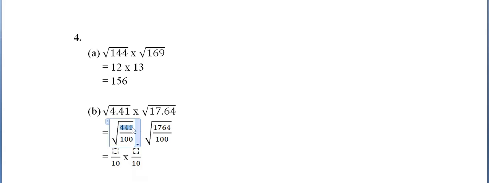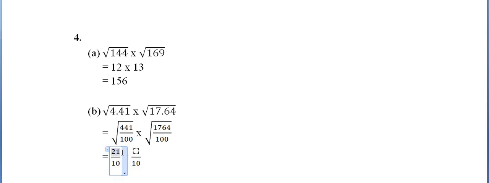So this number can be divided by 3. But if you are following the long division method, you know what you have to do. Okay. So you will get 21 as your answer if you do the long division method or the prime factorization method.